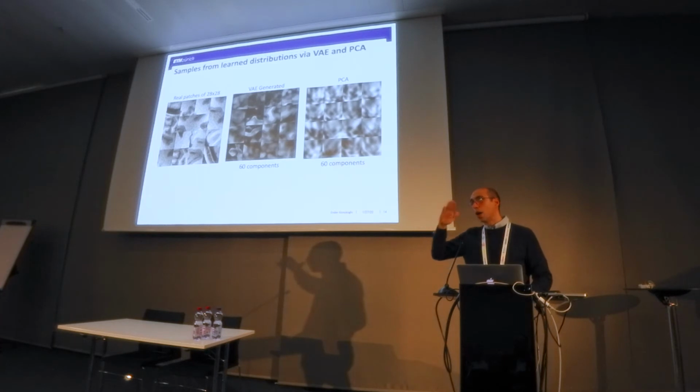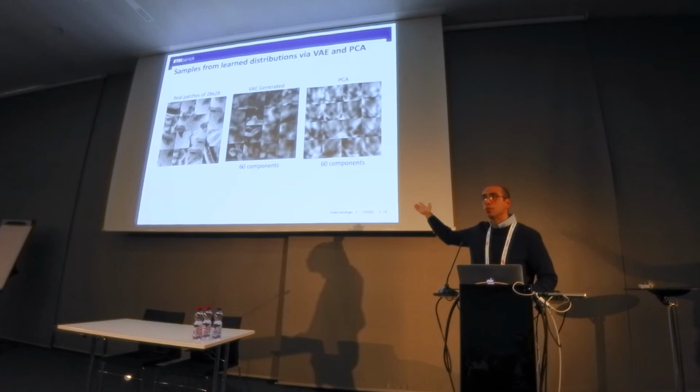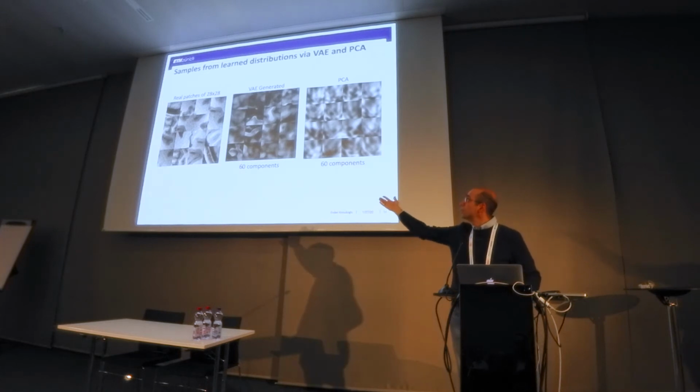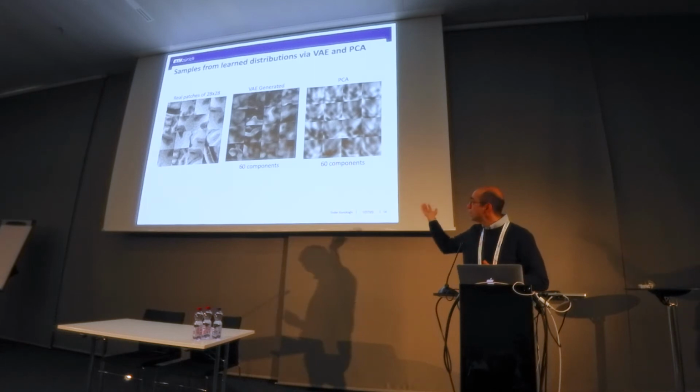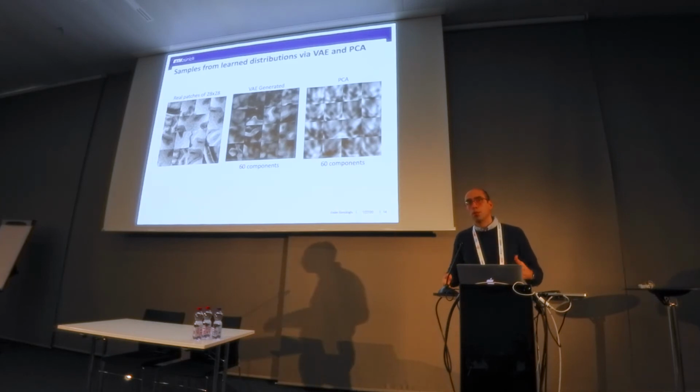Instead of using the hyperplane, if we use a curved model, instead of getting these ugly random samples, we can get samples that actually resemble MR image patches. You can say that, well, you're using the PCA with 60 components and the super nonlinear model with 60 components, which has a lot more power, a lot more parameters. Why don't you use PCA with more parameters?